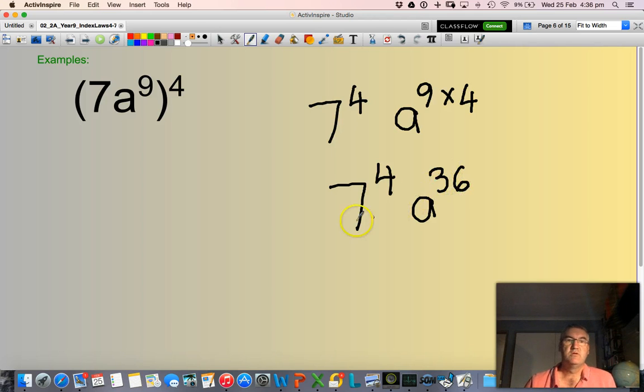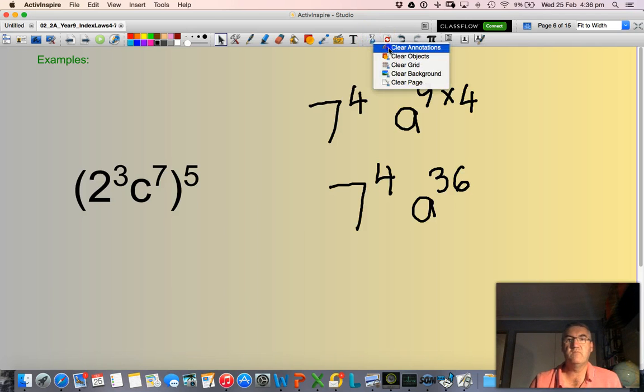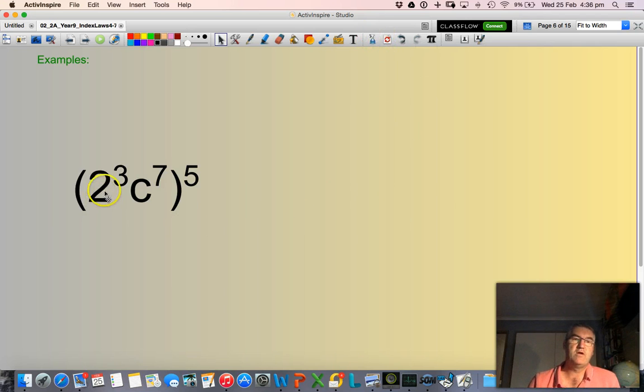Right, that is the first one. Now, moving right along to our next example. Let's clear this writing here. Now, what if I had (2 raised to the power of 3, C raised to the power of 7), and that is all raised to the power of 5? Now, to work this out, let's grab a pen, and we would have 2 to the power of 3.